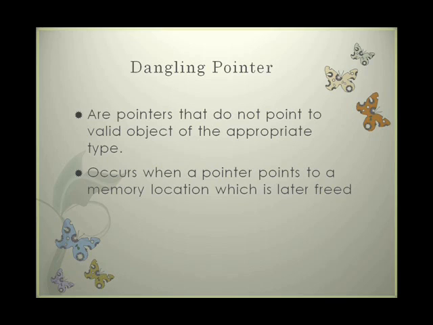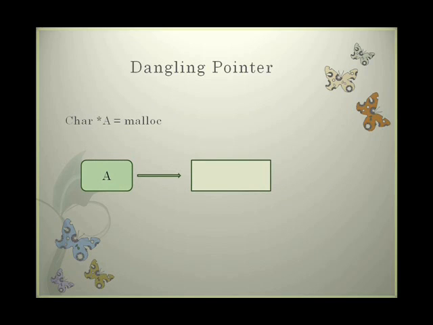The other issue is dangling pointer. Dangling pointers are pointers that do not point to a valid object of the appropriate type. We can simply say that these pointers are pointing to empty memory locations. Now we'll see how this happens.